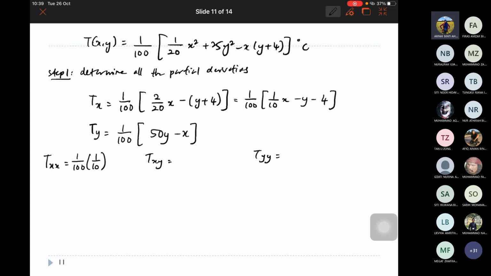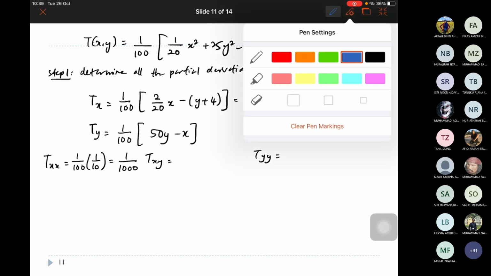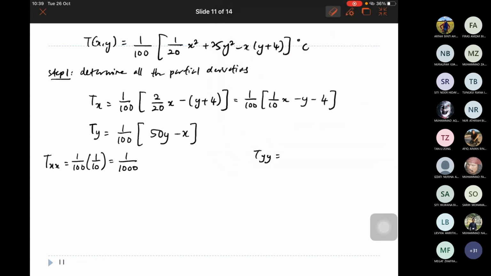So you get this one 1/1000. Dan bezakan juga terhadap y.